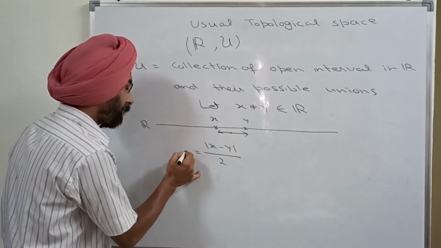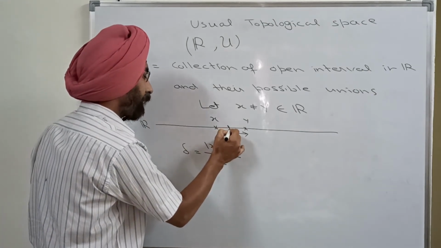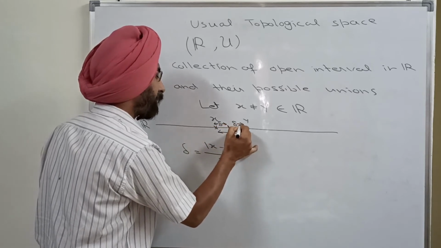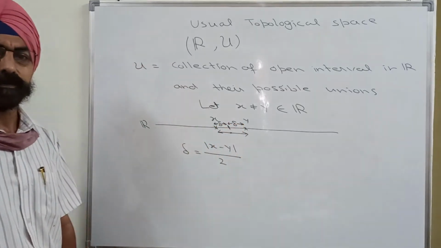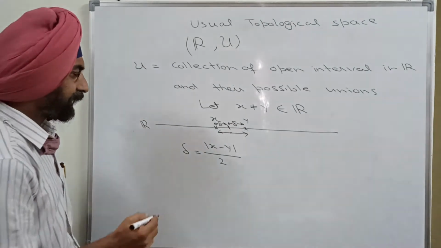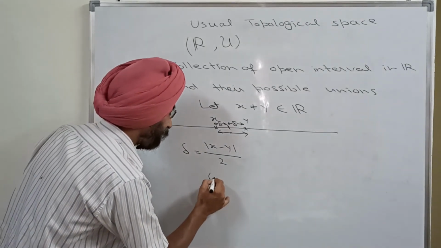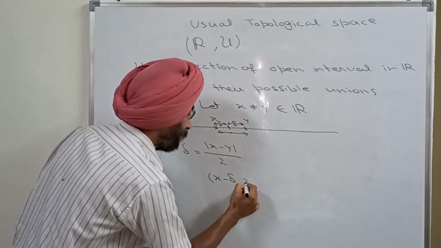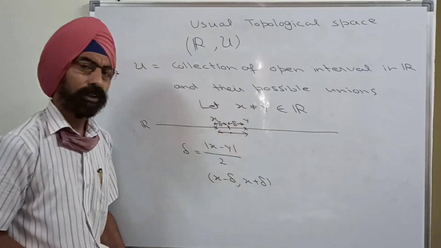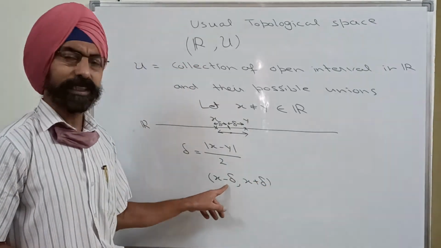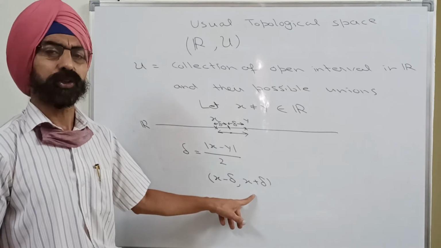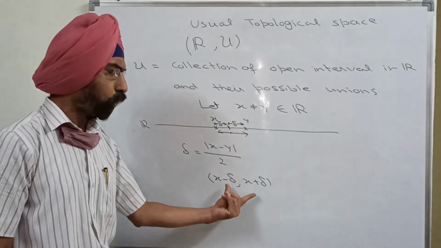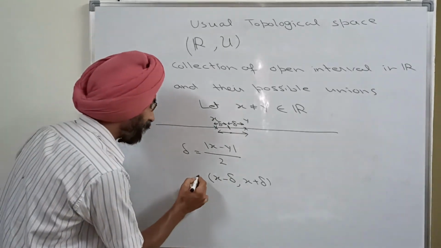Let it be delta. So this is your delta. Now, consider the open interval (x minus delta, x plus delta). You can also take (y minus delta, y plus delta). That will also work. So I am taking the open interval (x minus delta, x plus delta), and I am naming it as G.